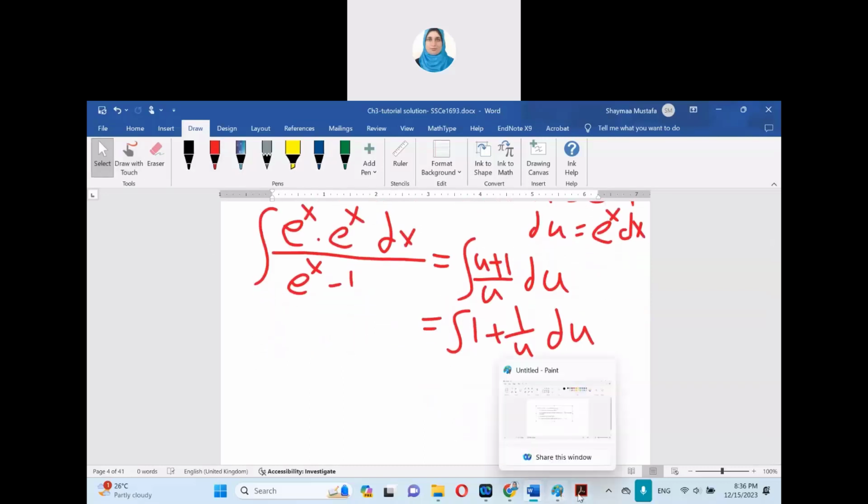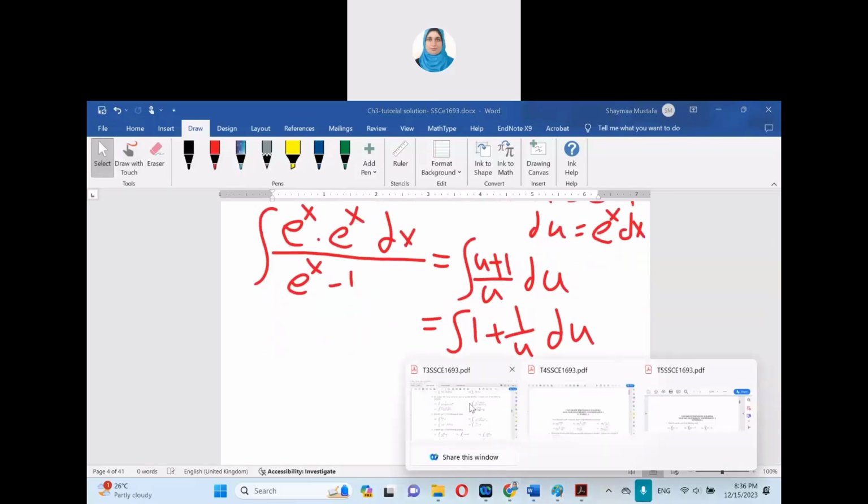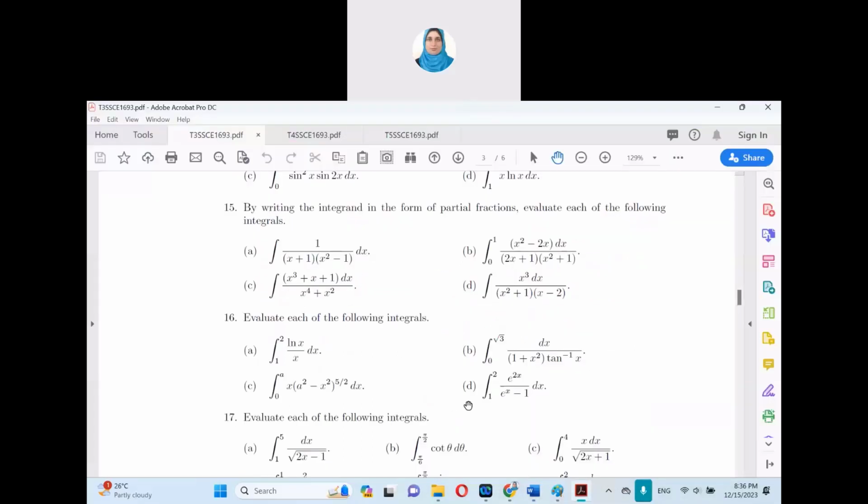The question is 16d, not c. Oh, sorry, I chose 16c. Okay, never mind, c is easier. For c, just take a squared minus x squared as a substitution. Your friend asked for 16c.